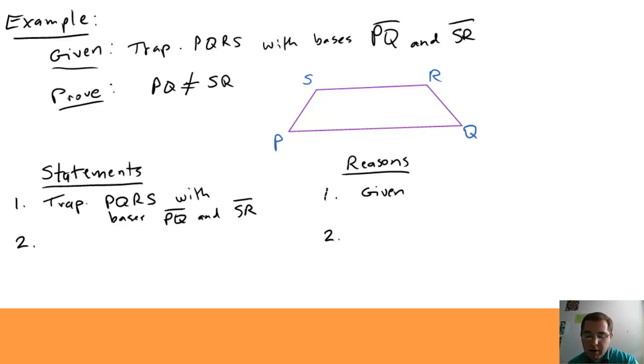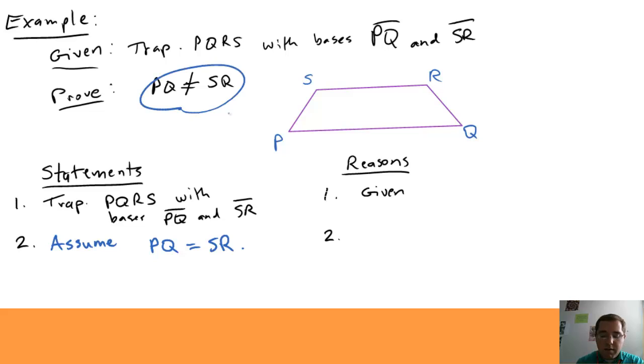So when we write the proof, we start with our given. We've got trapezoid PQRS with bases PQ and SR, and that's given. Our next statement is going to be the assumption we're going to make. So we're going to say assume. And we want to assume the opposite of what we want to prove. If we want to prove that PQ is not equal to SR, then we want to assume they are equal. Assume PQ equals SR, the opposite of what we want to prove.